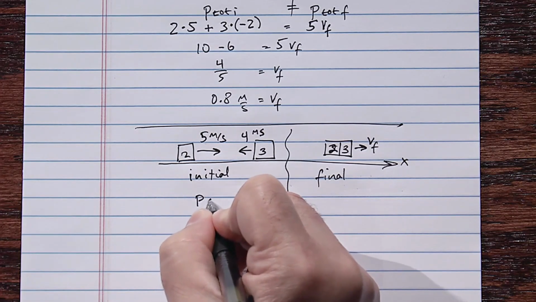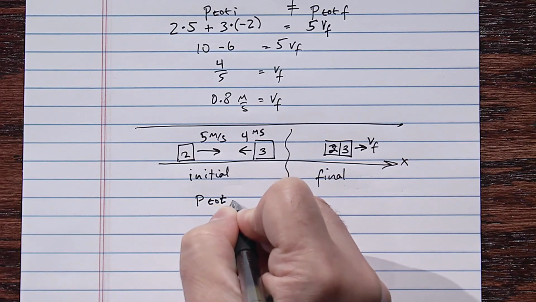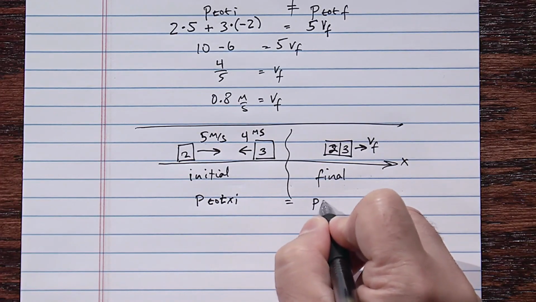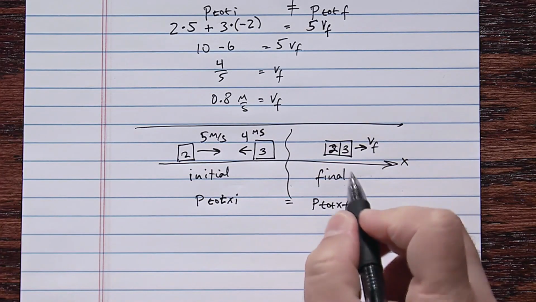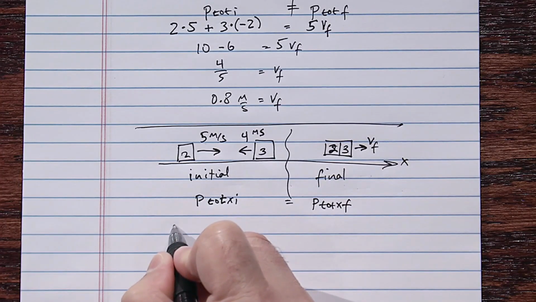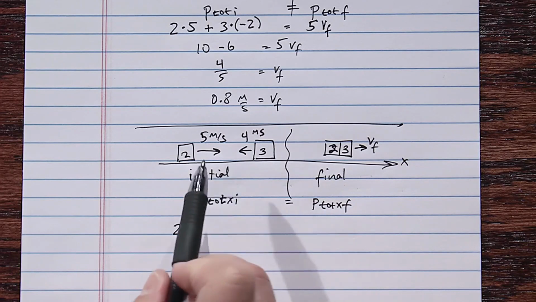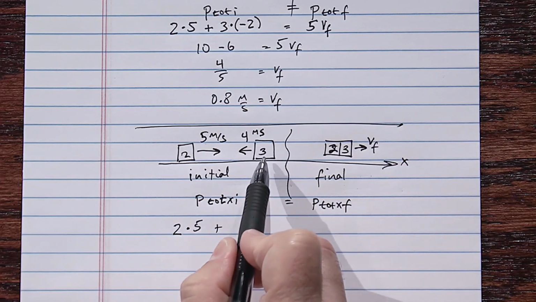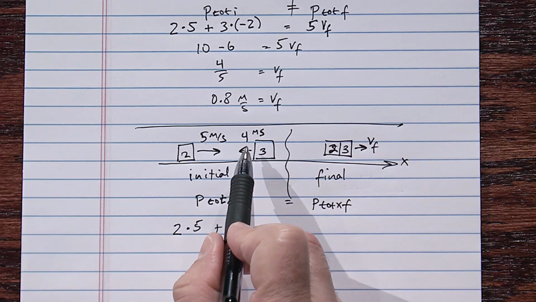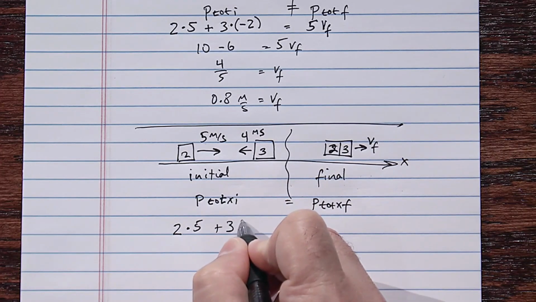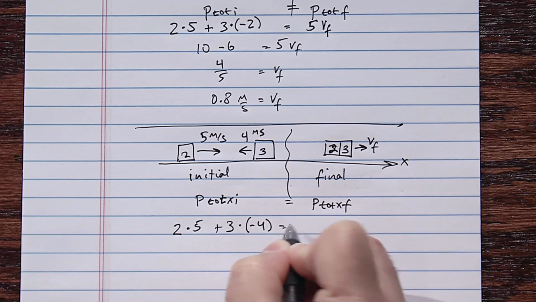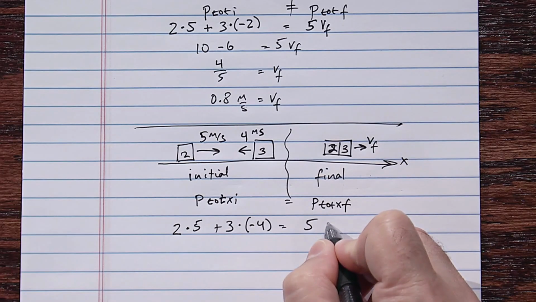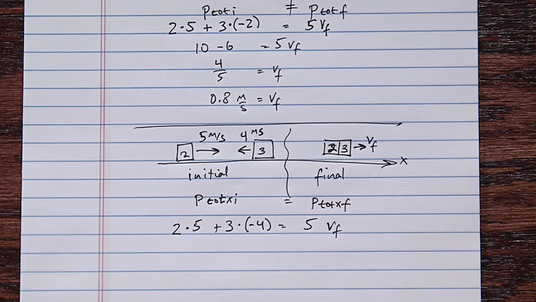Okay, we have the total x momentum initially equal to p total x final. And we have 2 kilograms moving at 5 meters per second, 2 and 5, plus 3 kilograms moving at a negative 4 meters per second. 3 times negative 4 is equal to 5 times v final.